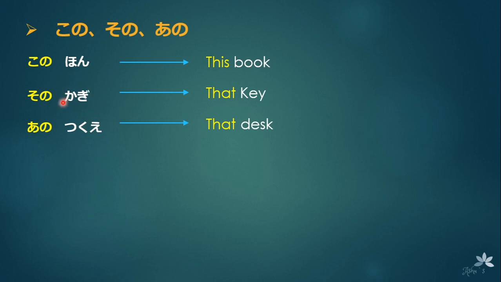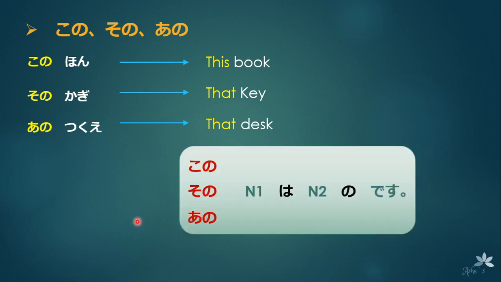So, kono, sono, and ano should always be followed by a noun. Here, the sentence pattern will be kono, sono, ano, N1 wa, N2 no desu. As I told you, they should be followed by a noun.